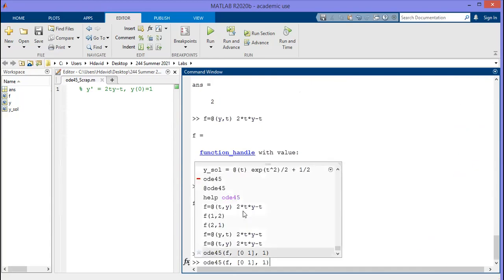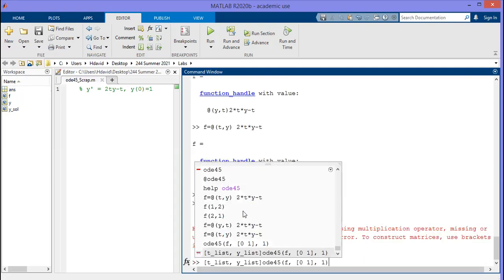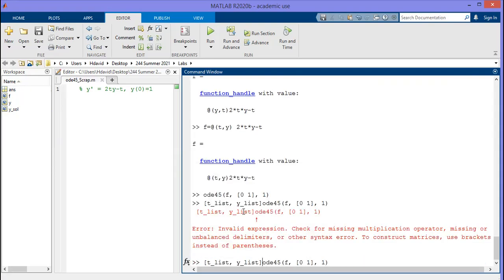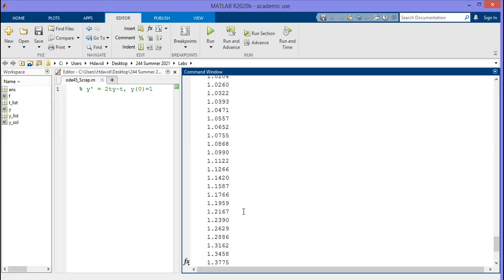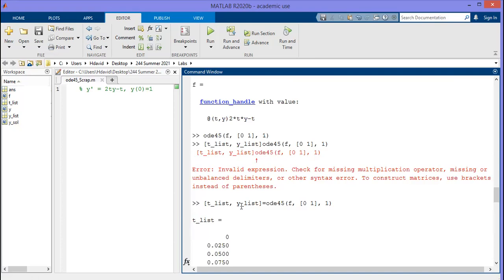So let's go back down. So let's say T list, Y list. Oops, I accidentally hit enter. And it generated a ton of stuff. So what does it have here? So what it did is it calculated a whole bunch of points.